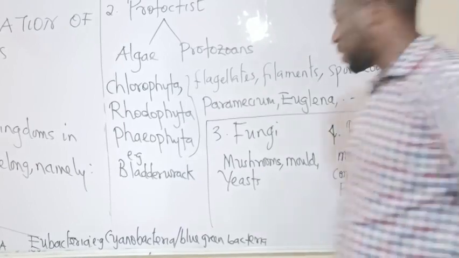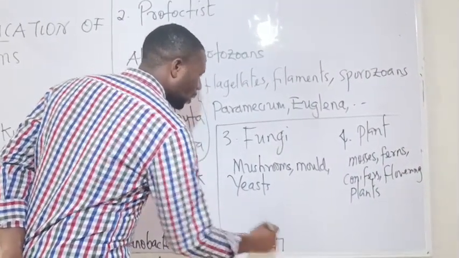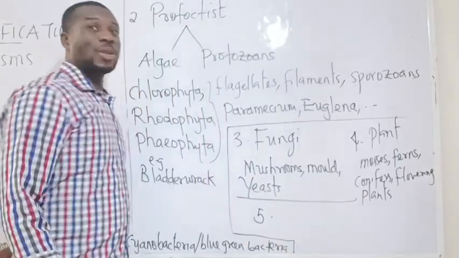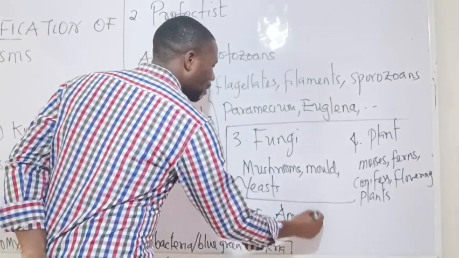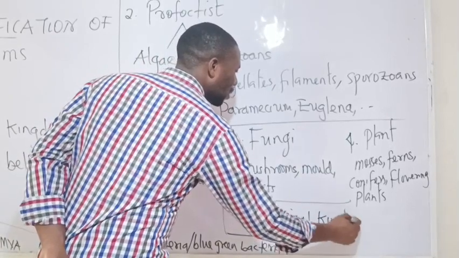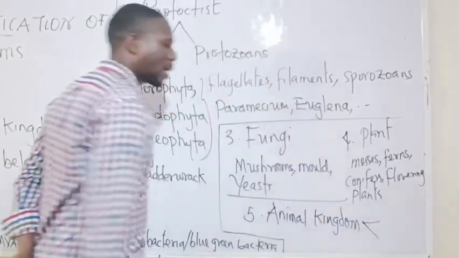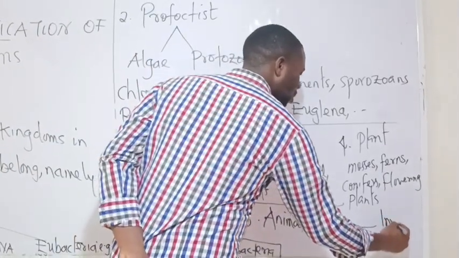Then last but not the least, the fifth kingdom is actually the animal or Animalia kingdom. In this animal kingdom, there are two categories. We have the invertebrates.